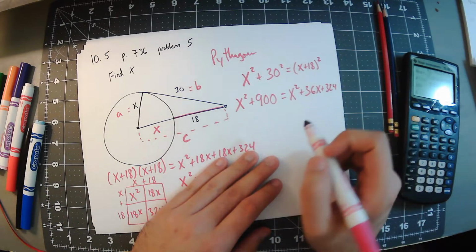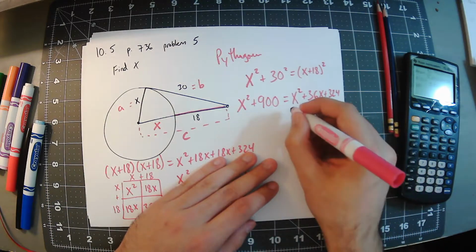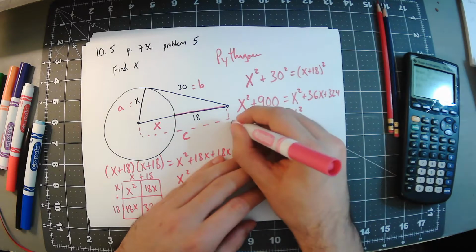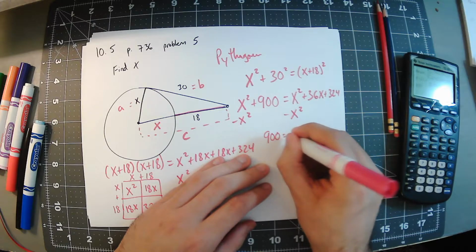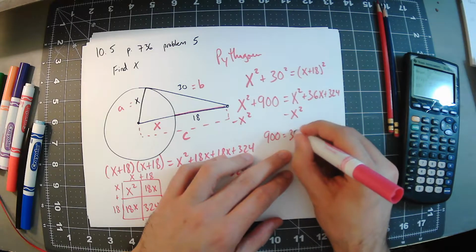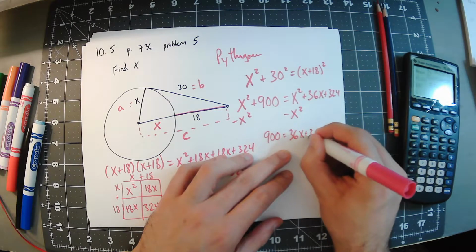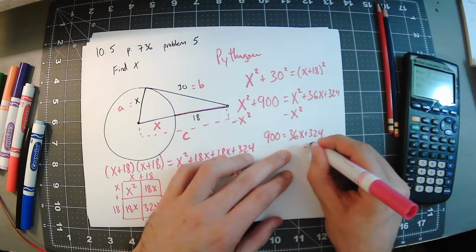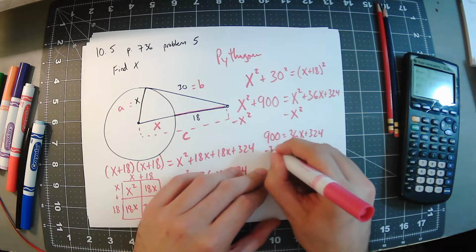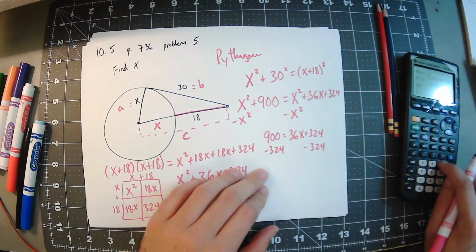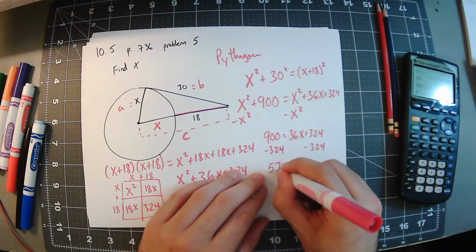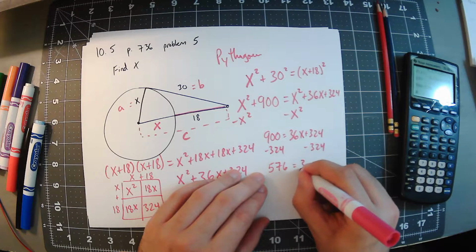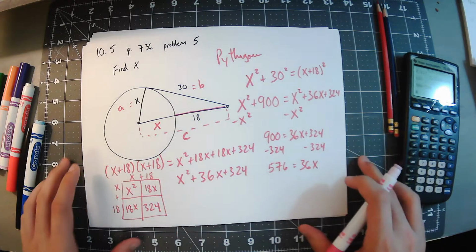And then I'm just going to start cleaning it up. Minus x squared, minus x squared. So 900 equals 36x plus 324. Minus 324, minus 324. 576 equals 36x.